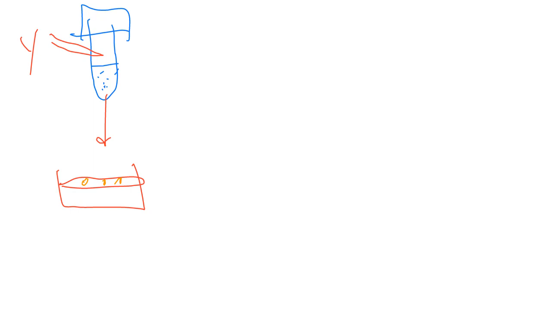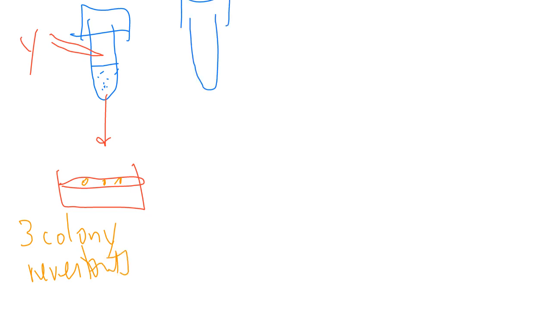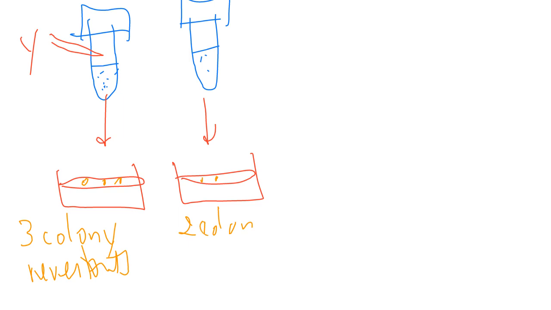Let's say 3 colonies grew. So these are 3 revertants. The control, we did it last time without the chemical, gave us 2 spontaneous revertants. So there's not a significant increase in number of revertants, which leads to believe that the chemical is not a mutagen.